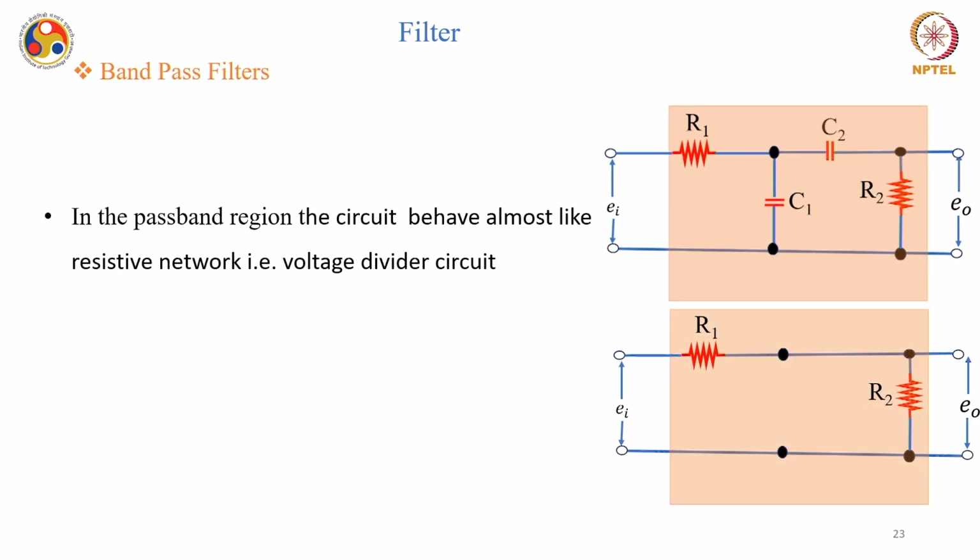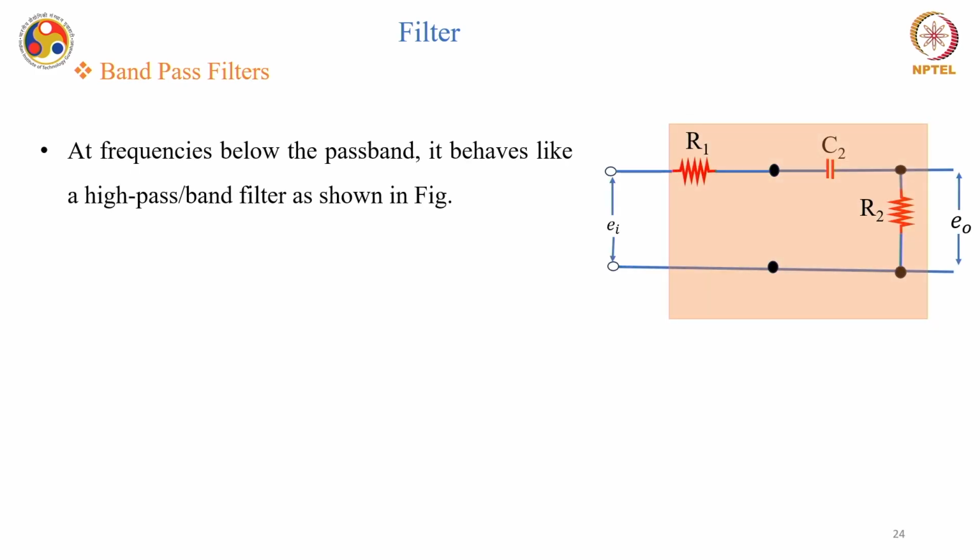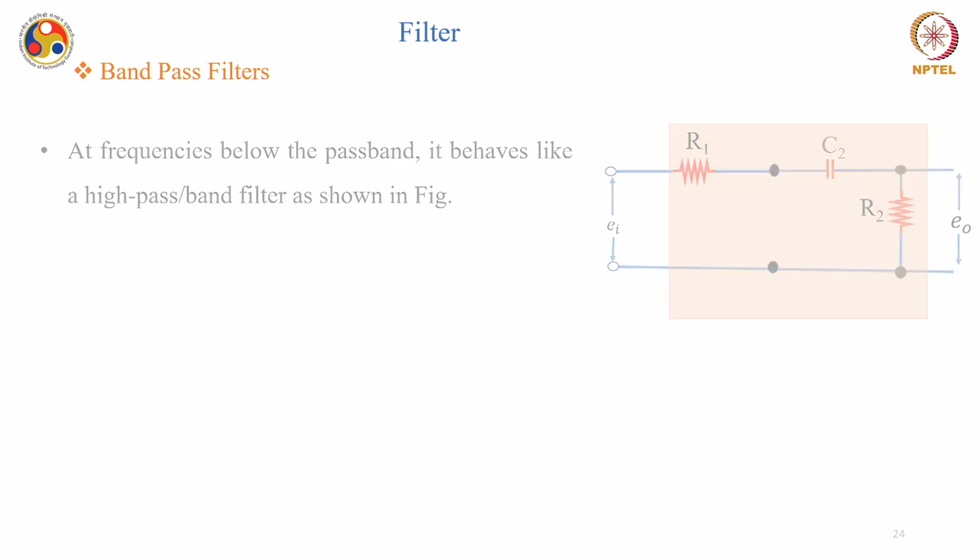Alright. So, in the pass band region, the circuit behaves almost like a resistive network or a kind of voltage divider, something like this. At this particular pass band, you have this capacitor as open and this as short, and you have this kind of configuration. Now, at frequencies below the pass band, it behaves like a high pass filter as shown over here.